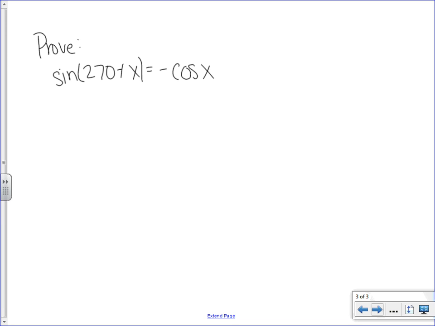All right, let's prove this using this new sine sum identity that we know. I'll make that plus sign there. Okay? Clearly the left side is the more complicated, so I will break that down. That is going to be sine, cosine, cosine, sine.